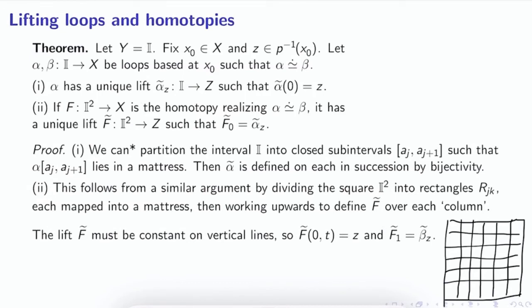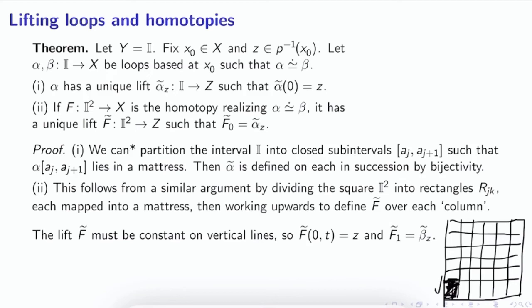Now, again, we can start with this little rectangle here. We've got our original homotopy F, but since the image of this lies in an evenly covered neighborhood, we know how to lift it. So we can lift that one, and then we can join up with this rectangle, and lift this one and this one and this one and go upwards.